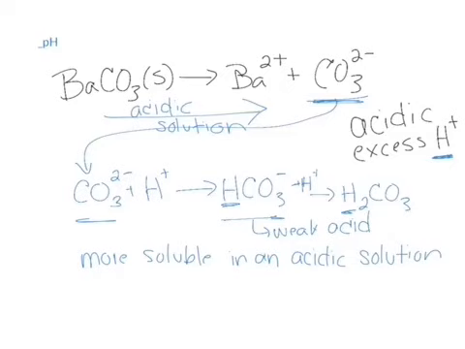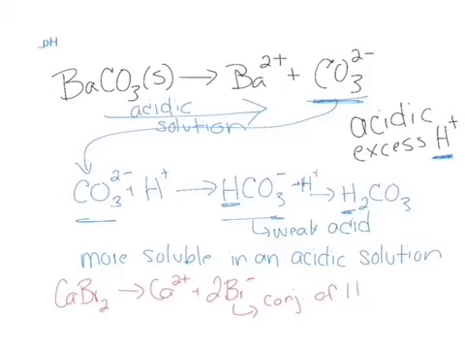Now I do want to point out that obviously not all ionic compounds will have this effect. So if you have something along the lines of, say, calcium bromide, this would dissociate into calcium 2 plus and 2 bromide ions. And just like we've dealt with salt solutions creating acidic or basic solutions, Br minus, because it is the conjugate of a strong acid, the conjugate of HBr, will not reform HBr, just from the fact that HBr in and of itself would dissociate fully and not produce an equilibrium.